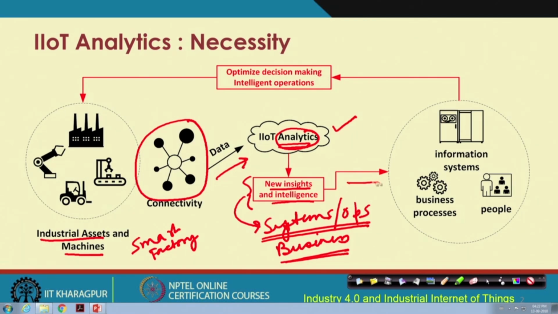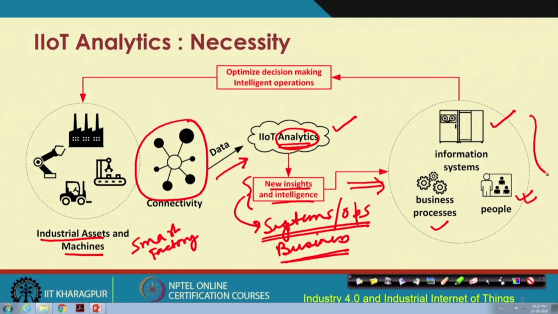Finally, these results are going to be all sent to either different other information systems like ERP based systems or other business processes, or to different people. So, these are the different possibilities where the new insights and intelligence derived through these different analytics could be made useful.